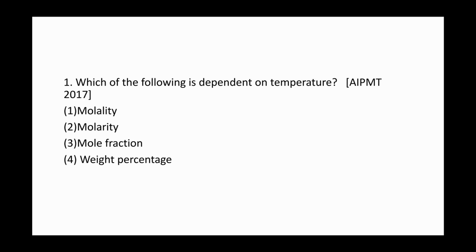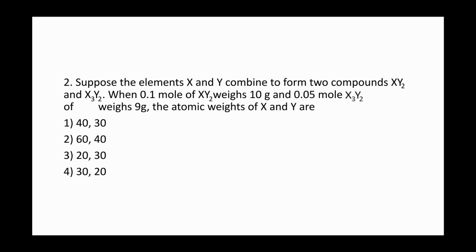Next, I have some questions for you which you should be able to solve now. Which of the following is dependent on temperature? Molality, molarity, mole fraction, and weight percentage. Question number 2. Suppose the elements X and Y combine to form two compounds XY2 and X3Y2.